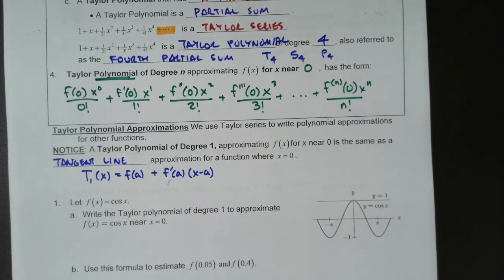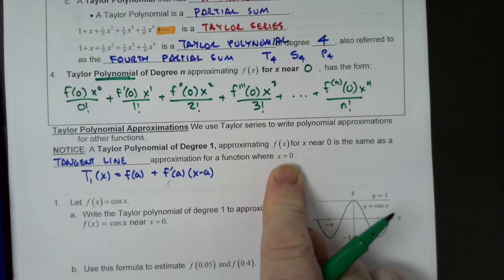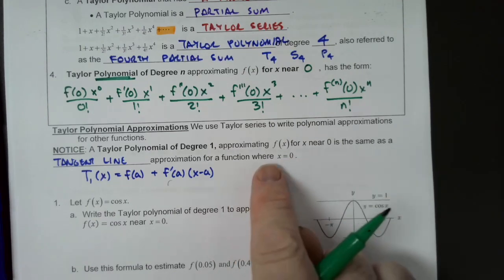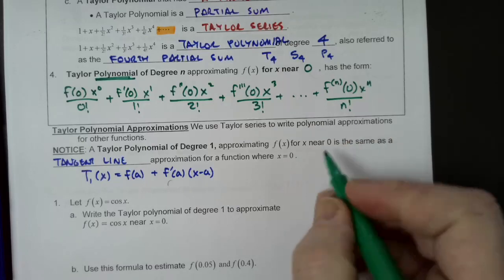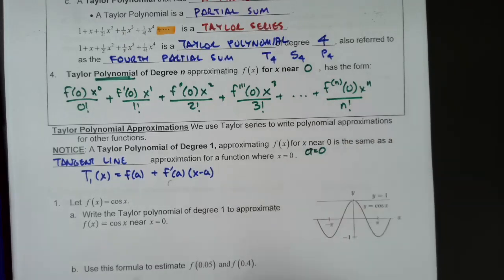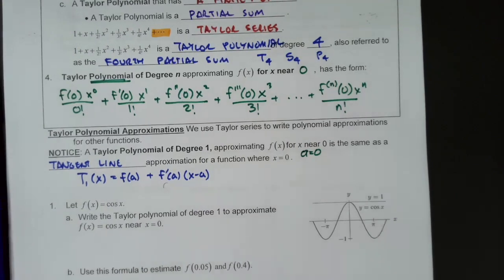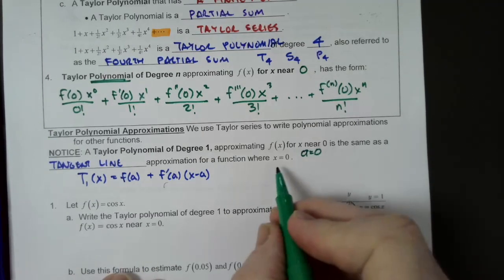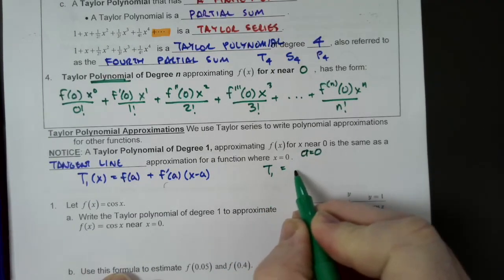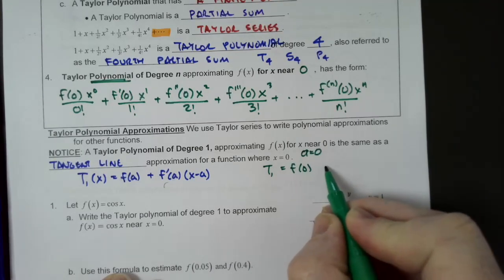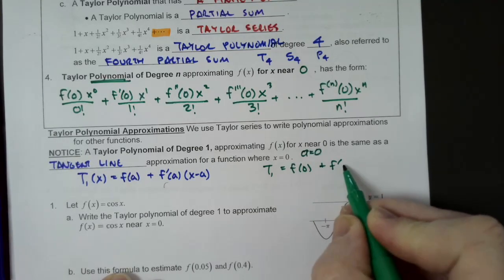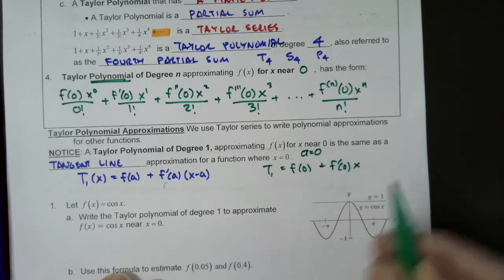So, if we center this near 0, then that's implying that we want a to be 0. And if that's the case, then this would be just f of 0 plus f prime at 0 times x.